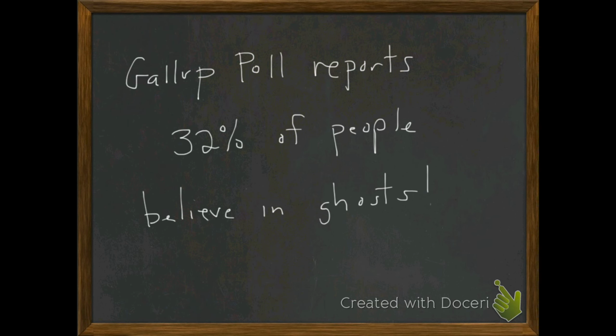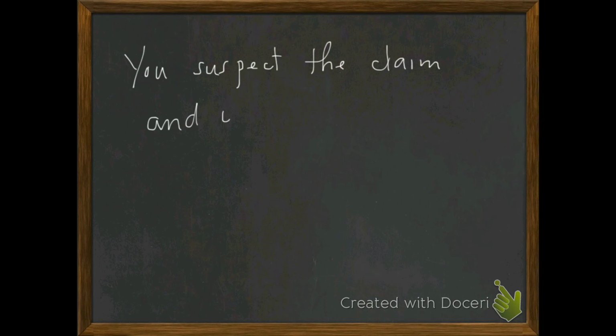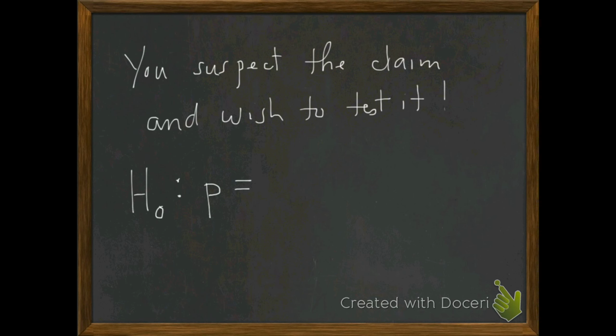You suspect the claim and you'd like to test it. Our null hypothesis, H sub 0: since a claim has been made about a percentage, we're going to use p.